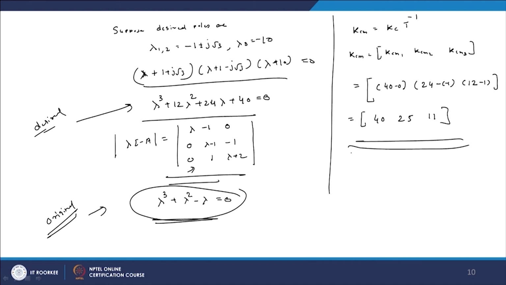So, KCM we have got, but finally we have not got the controller. The controller is your KC, and for KC we require T. So, now we need to determine the transformation matrix T. Here KC equals KCM into T, and we can write T as T1, T1 a, T1 a square.